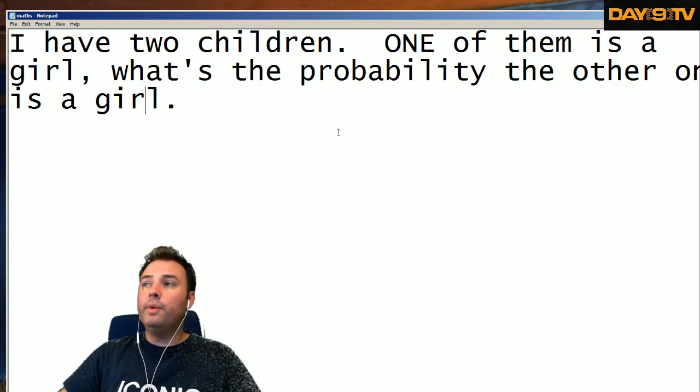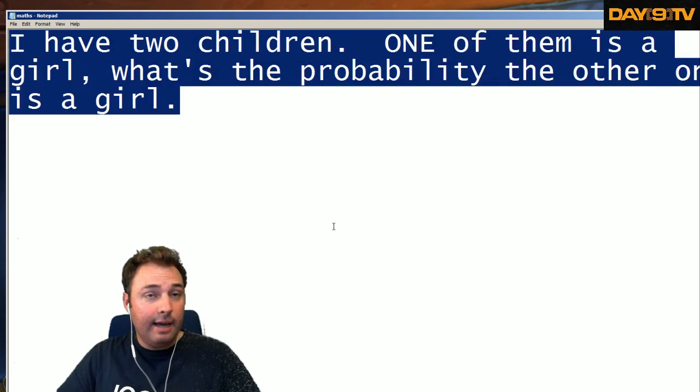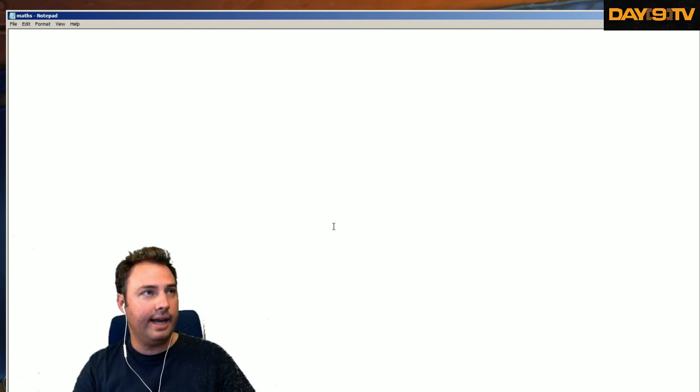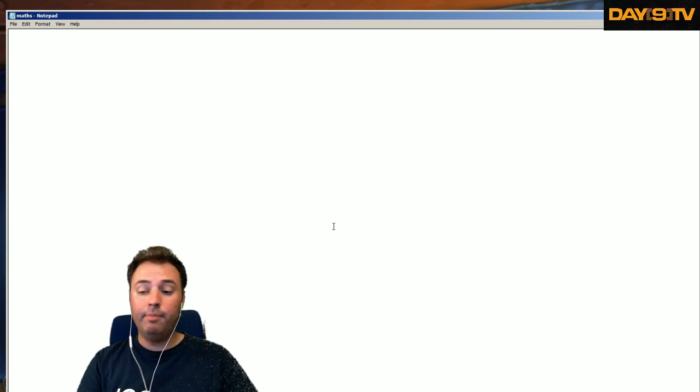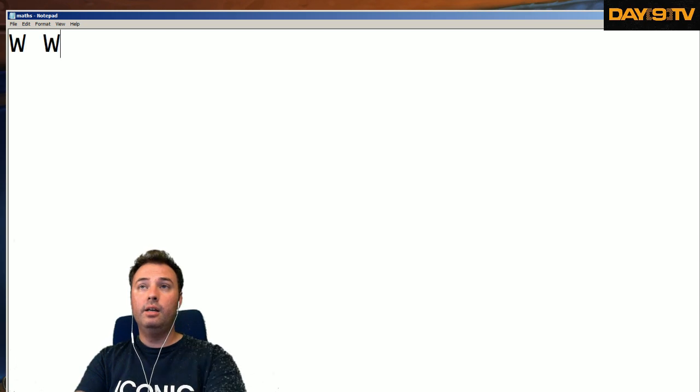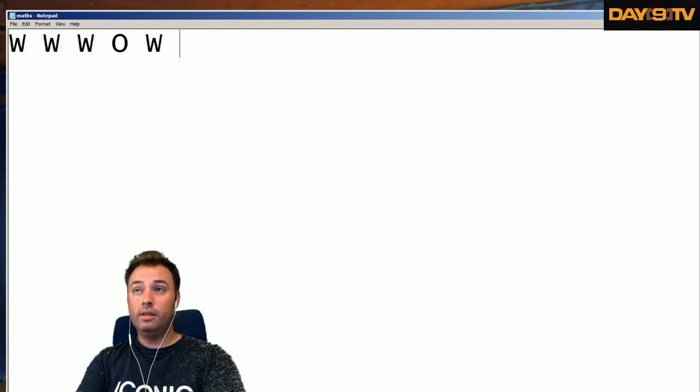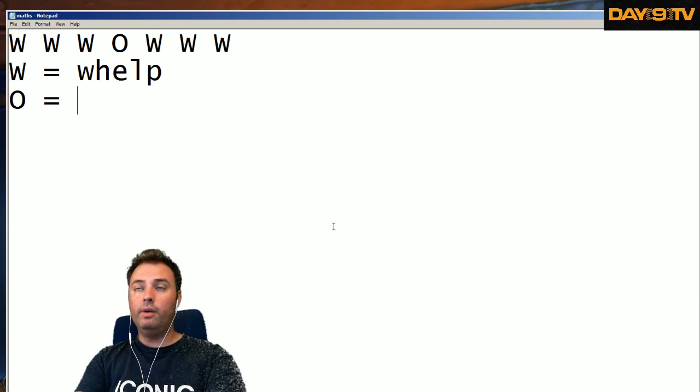And so the reason that I like this example is that we were talking about the Doomsayer. The Doomsayer example, which is if I summon Onyxia, where W is a whelp and O equals Onyxia.